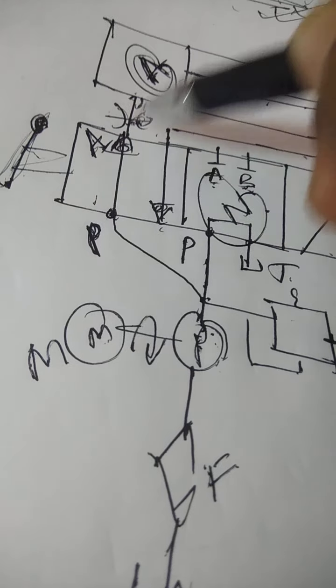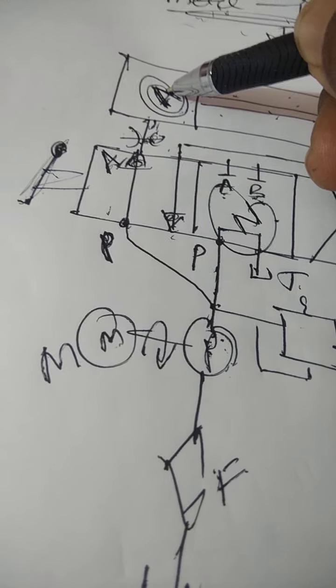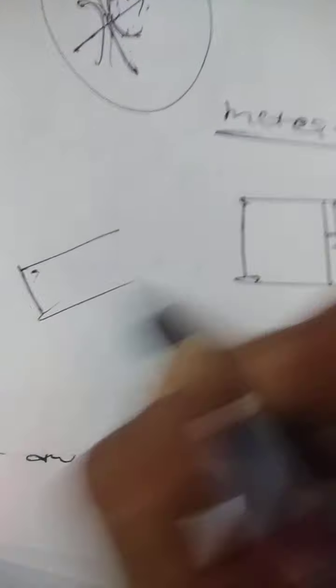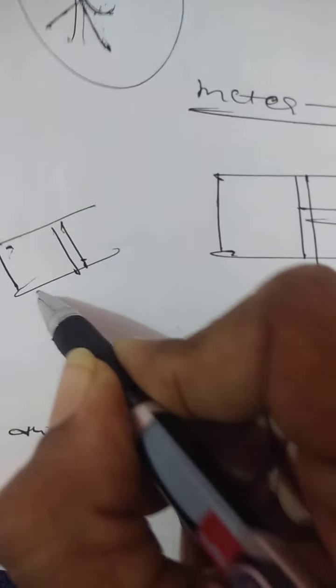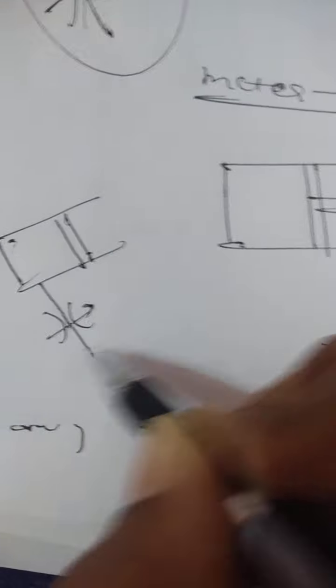In between the supply line and the piston area, the flow control valve is connected. This is very important. I will show you once again. Suppose this is a cylinder, and here the flow control valve is connected.